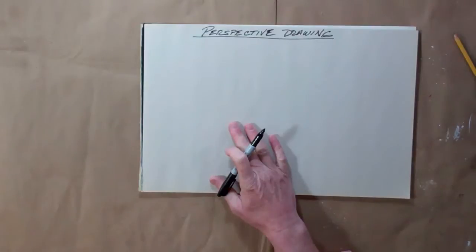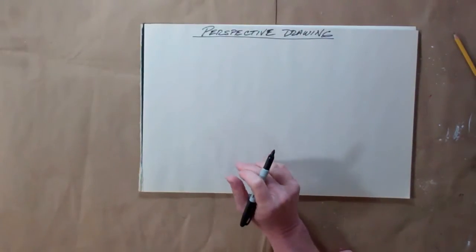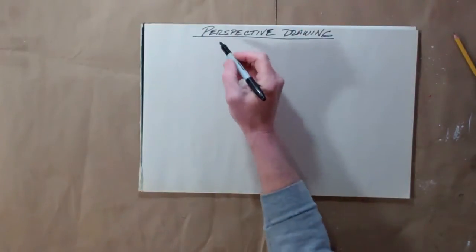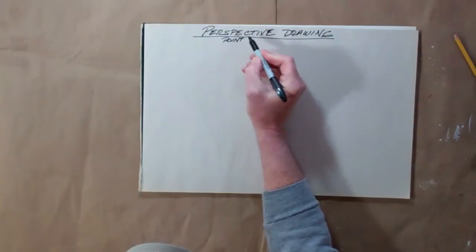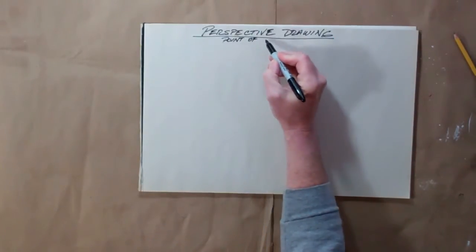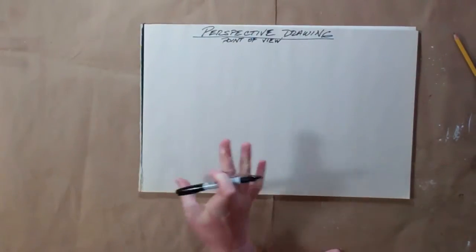And the reason I'm choosing perspective drawing is because it's one of the fundamental things that you need to do to set up for whatever your project is. Because perspective actually is your point of view. Point of view. So what does that mean? Well, that's where you are.